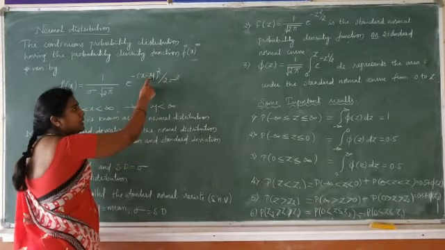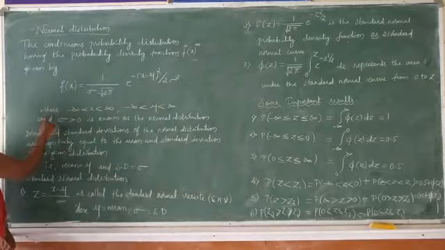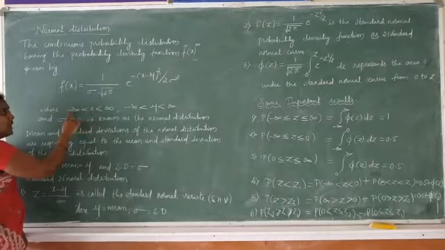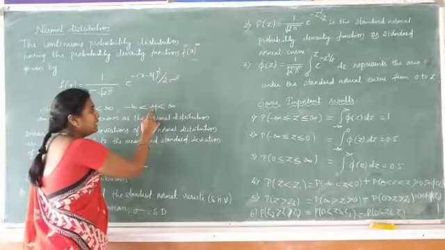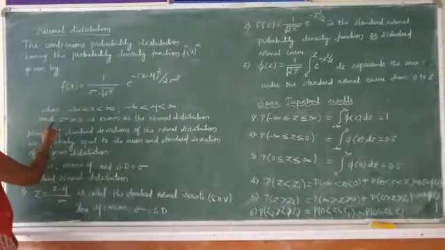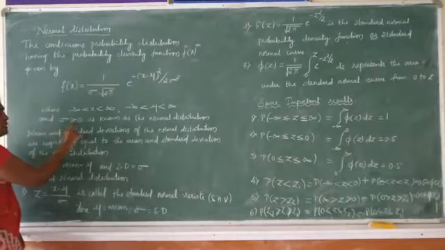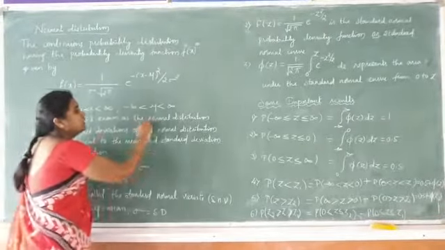Here mu is the mean, sigma is the standard deviation, where x lies between minus infinity to plus infinity. Similarly, the mean also lies between minus infinity to plus infinity, and the standard deviation sigma is greater than 0. This is known as the normal distribution.